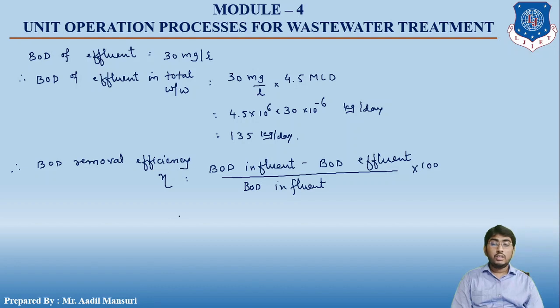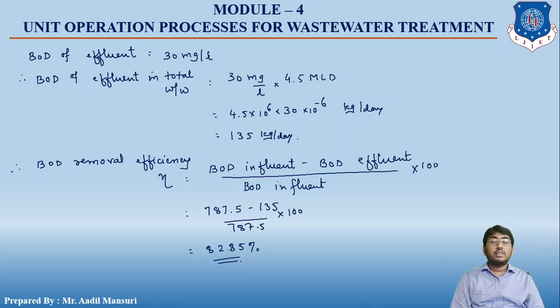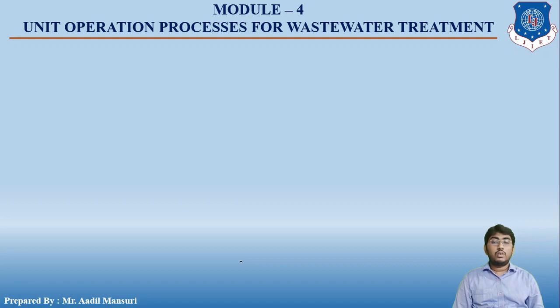So this is the formula, right? So what is BOD that is entering? 787.5. What is left behind? 135, divided by 787.5 multiplied by 100. So this will be equals to 82.85 percentage. It means that the trickling filter removes 82.85% of BOD. Understood? Okay, students.